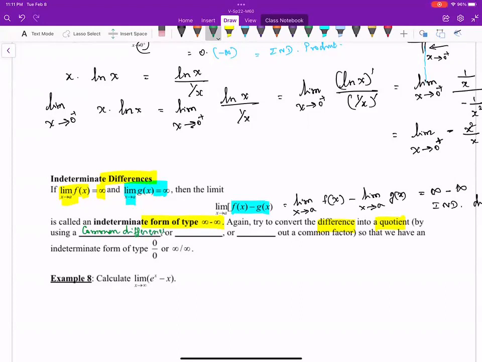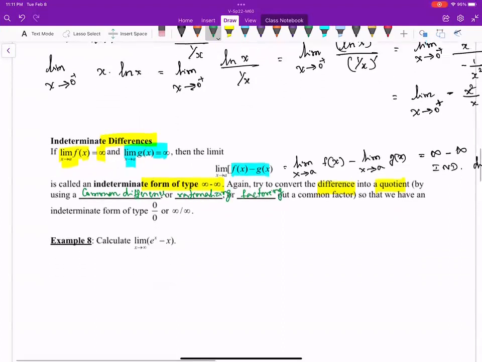Or you can apply rationalizing. Or you can apply factoring too. And then it can be brought to 0 over 0 or infinity over infinity, which is an indeterminate quotient. Let's try an example of this kind.